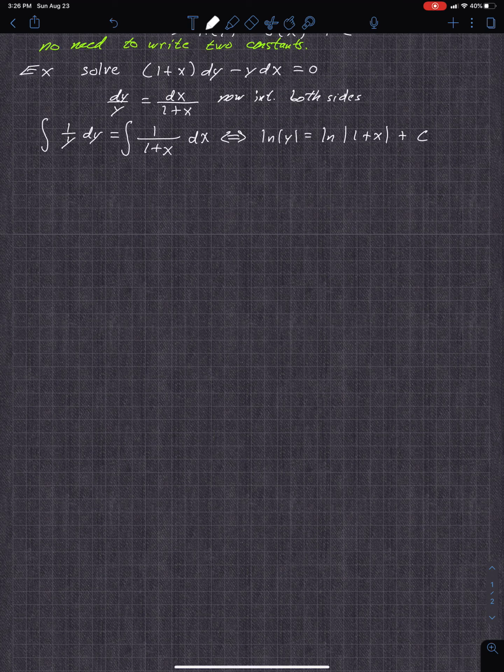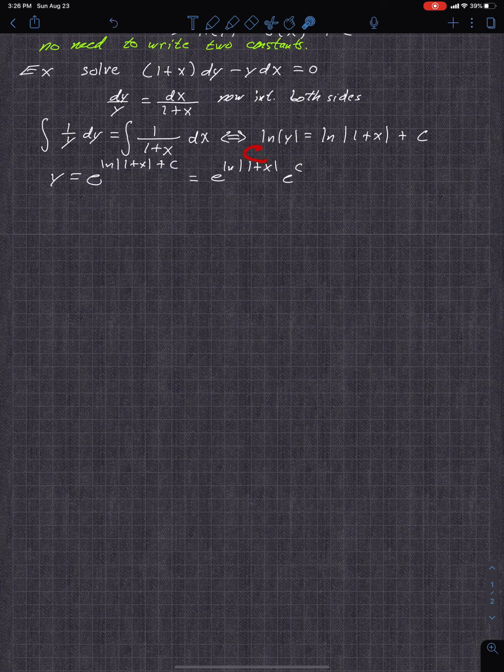If you evaluate this and solve, you basically raise each side to e, and you end up getting that y is equal to e to the ln of 1 plus x plus c, which is equal to e to the ln of 1 plus x times e to the c, right, because you're using the power property, adding that up.